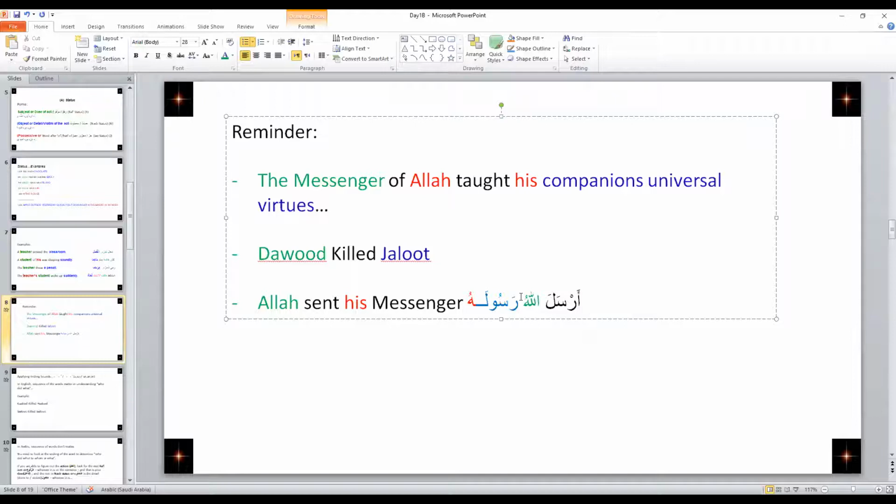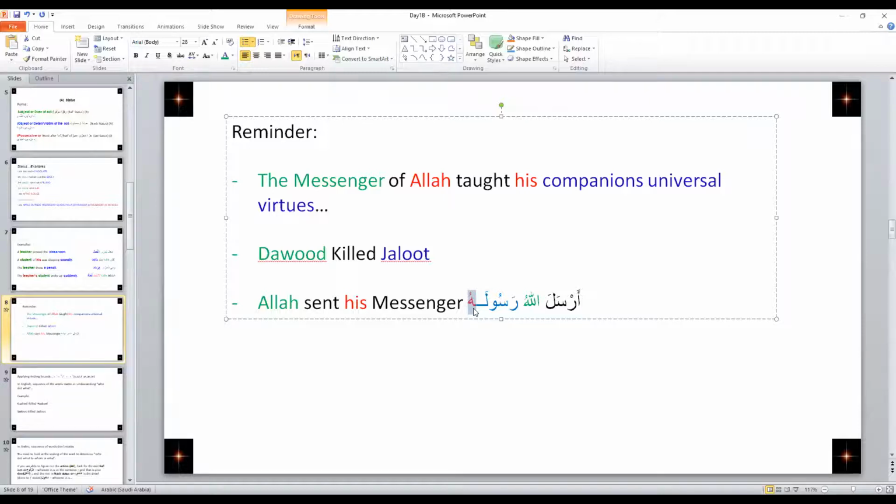If we are able to know that every word or ism that actually did an action will be in rafa status, every ism that receives the action will be in nasb status, and the ism that comes after of in translation, or what we call the possessive ism, the one who possesses something, would always be in the jar status.